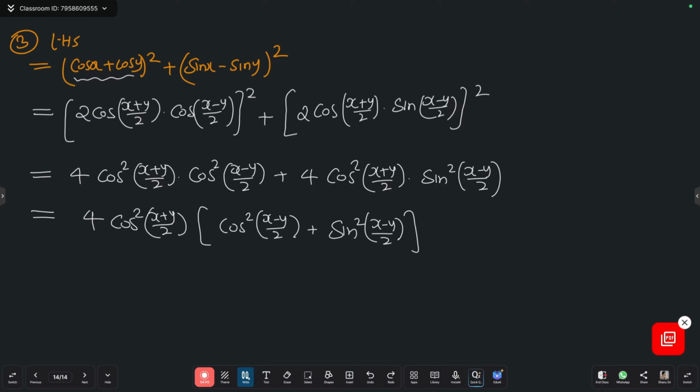What next? 4 cos square x plus y upon 2, and this cos square theta plus sin square theta is always 1 if the angle is the same, into 1. So 4 cos square x plus y upon 2, this is your right hand side, hence proved.